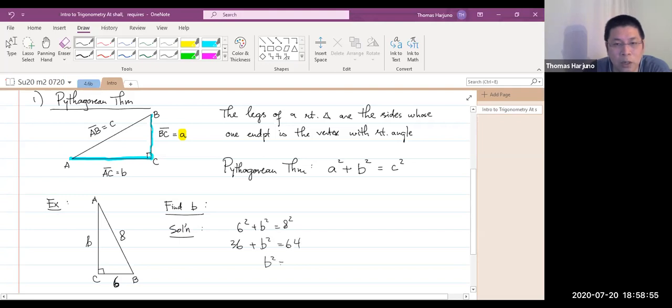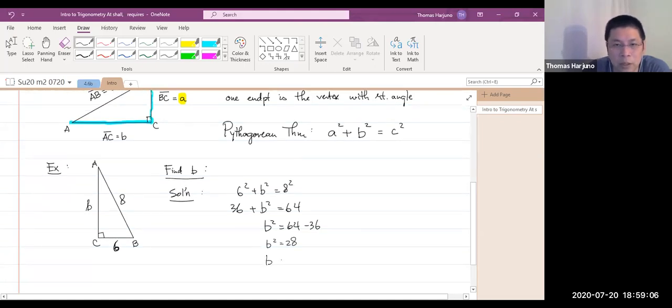B squared is 64 minus 36, which is 28. So B is the square root of 28. It's supposed to be plus or minus, but this is a length, so I just take the positive branch. You can simplify this: 28 is 4 times 7, so B is 2 square root of 7.